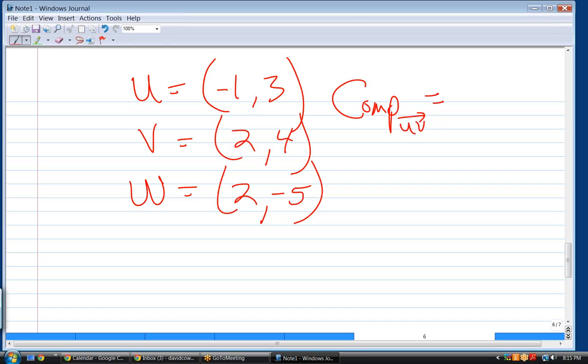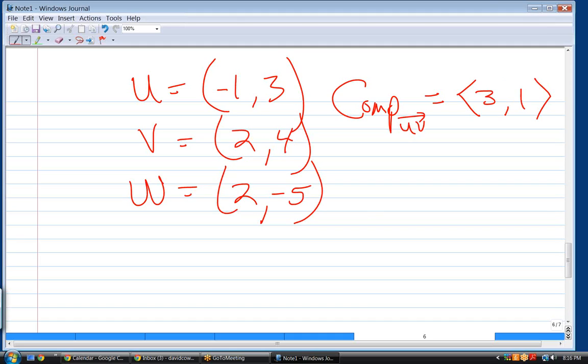I'm not sure whether U needs to go to 0, 0, or V, but I'm going to say the first letter needs to go to 0, 0. So the component would give us the vector where U would be at 0, 0, meaning I got to add 1 to this and subtract 3 from this. So there's the component of UV.